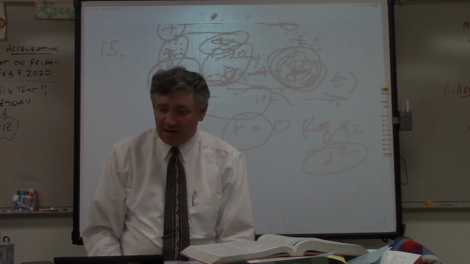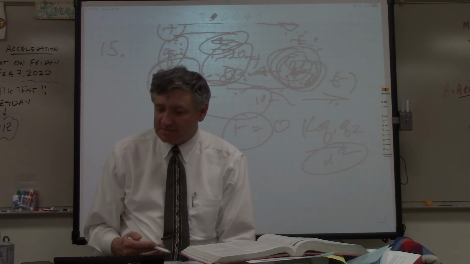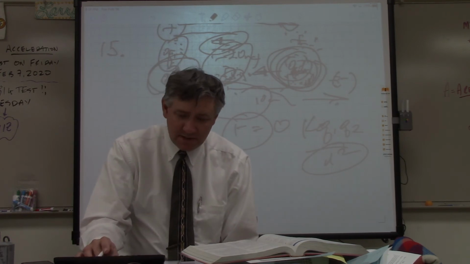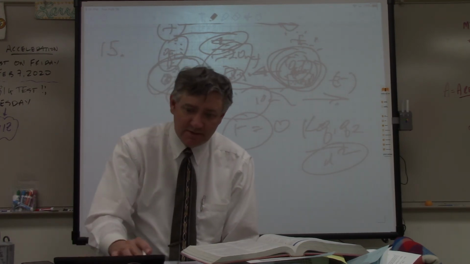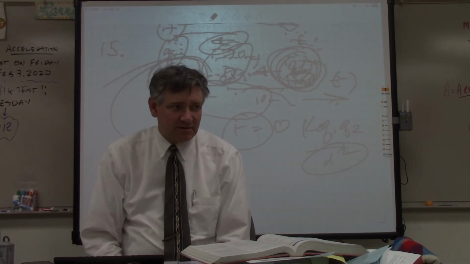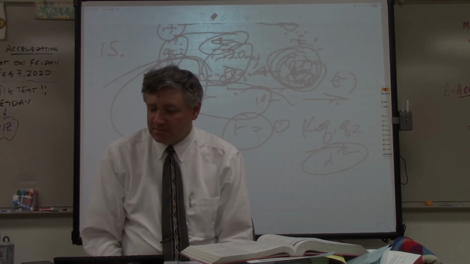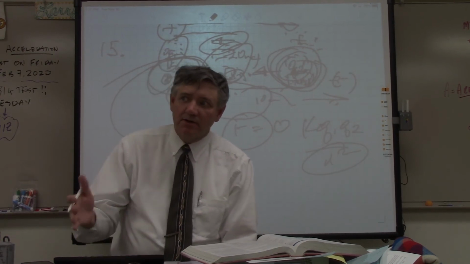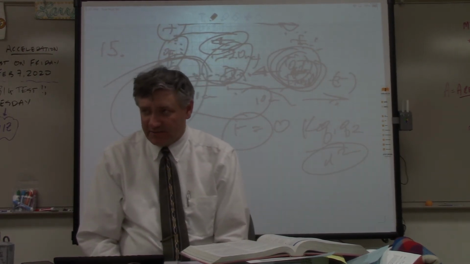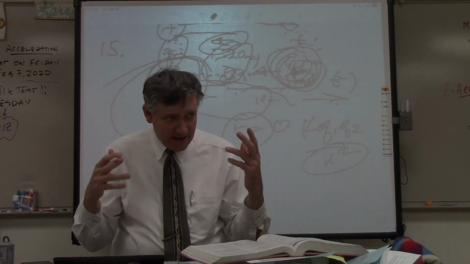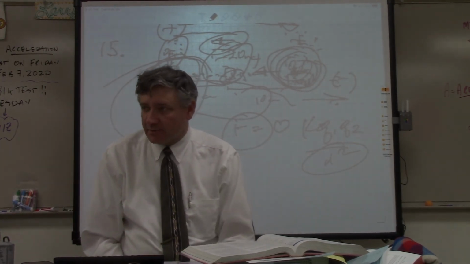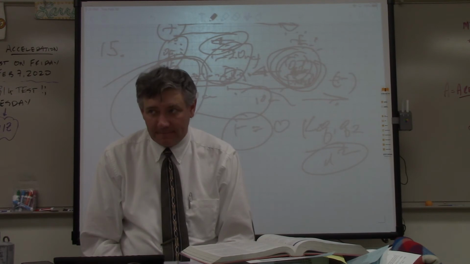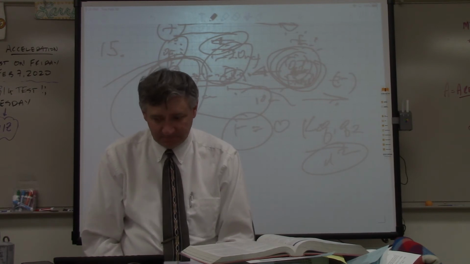It also has to be positive. So here's the cool thing about this problem. No matter if you make Q1 negative or positive, Q2 has to be a positive value, okay? So it doesn't make any difference how you define Q1. Q2 has to be a positive value because it's either going to repulse or attract to balance out that other force, okay? Good with that.